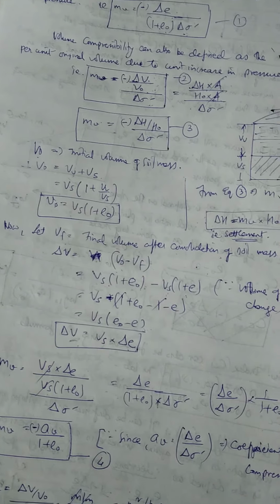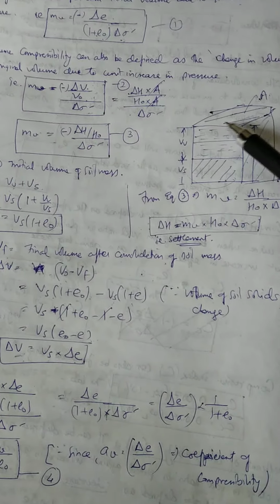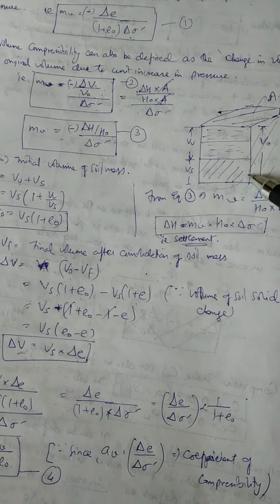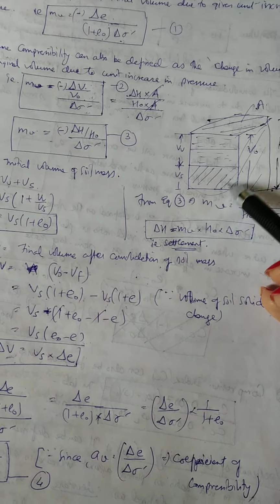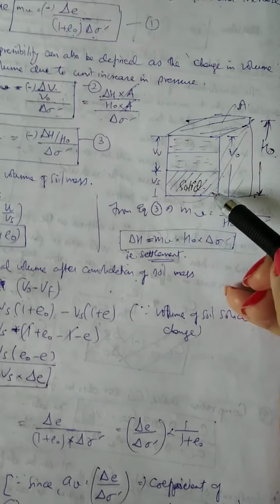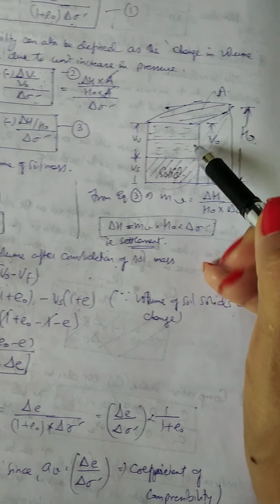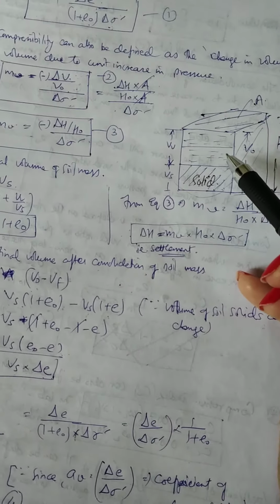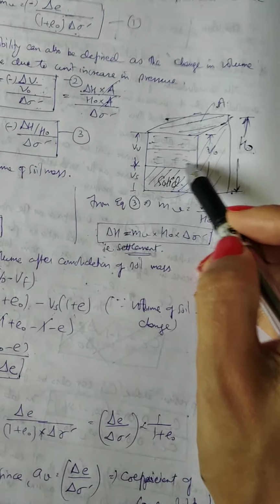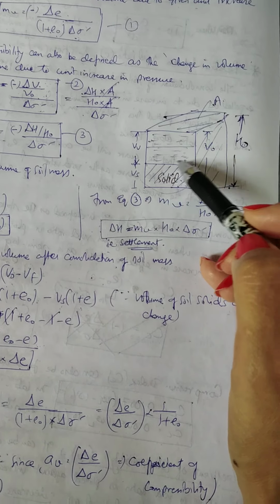So now if I consider this as the initial volume, we know that the volume is a summation of the volume of solids, which is the volume occupied by the solid part of the soil, and the voids, which are filled with either water or air. Since we consider this to be a fully saturated soil, all the voids are filled with water.